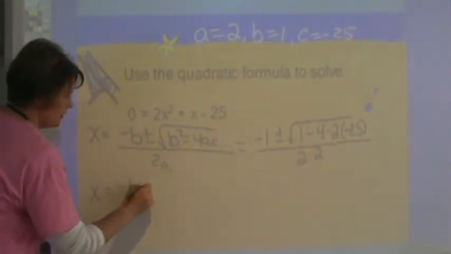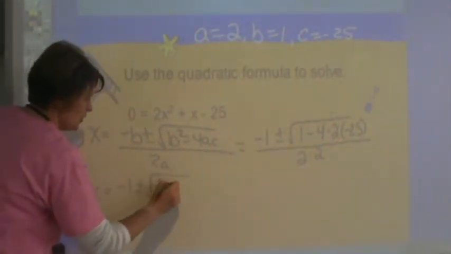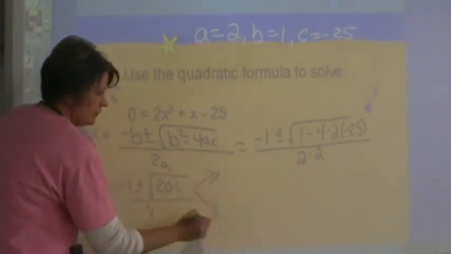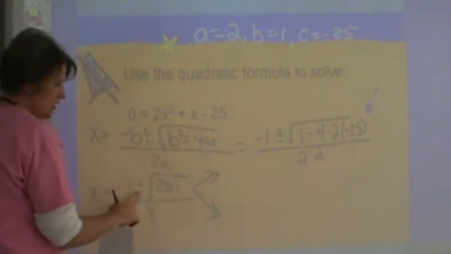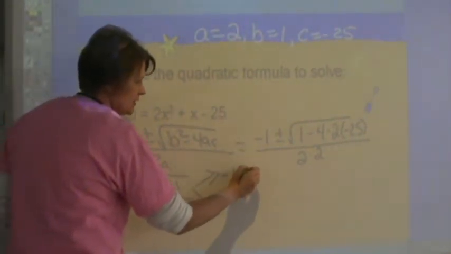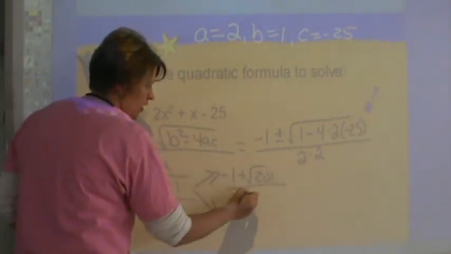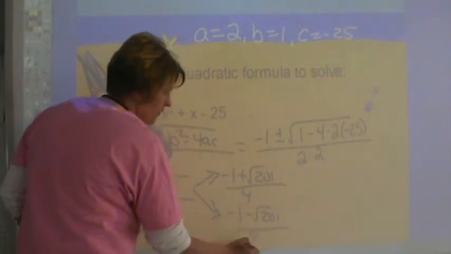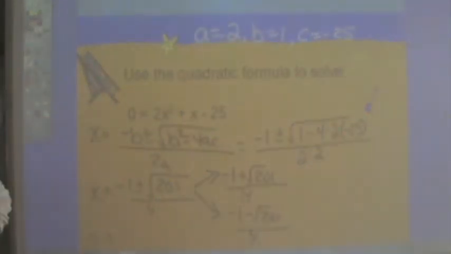So negative 1 plus or minus the square root of 201 all over 4. Now we're going to split it, like we did before, because it's plus or minus. So it's negative 1 plus the square root of 201 over 4, or negative 1 minus the square root of 201 over 4. We're definitely going to want our calculator for that one.